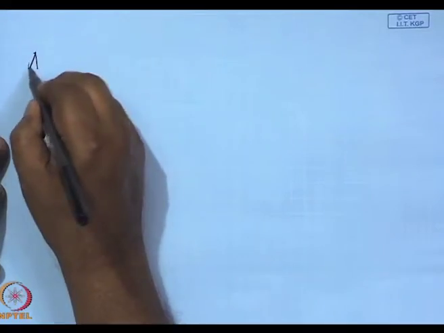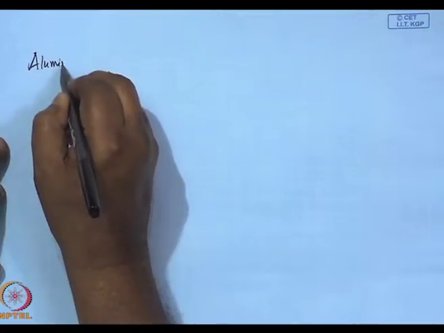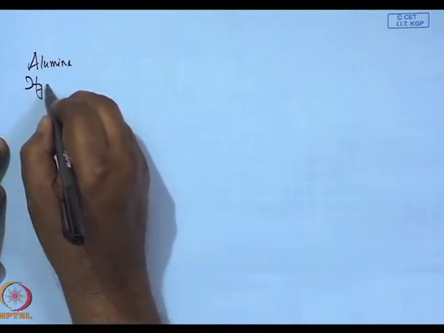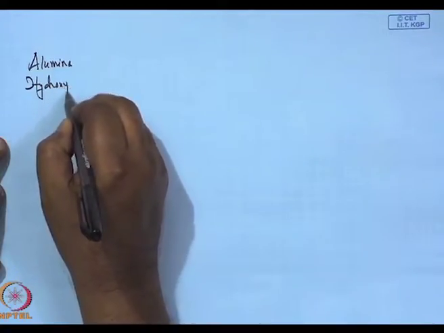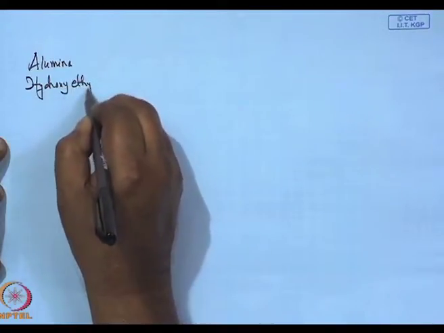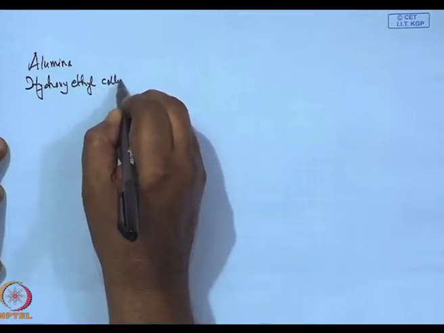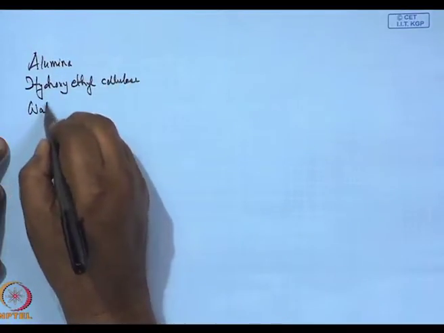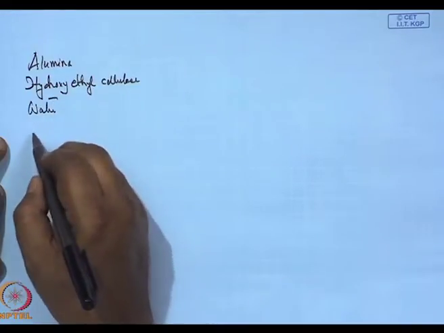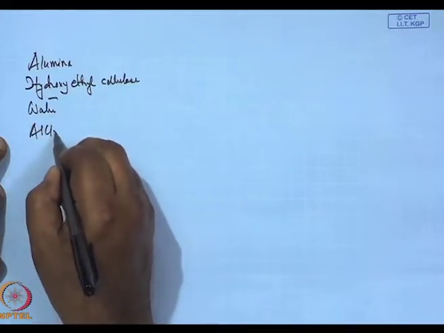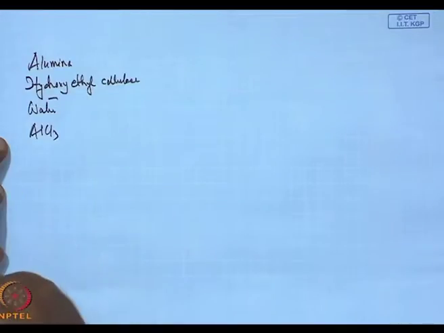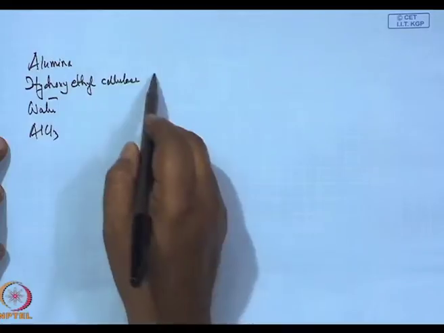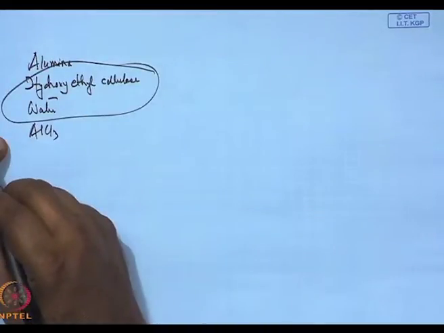I would have alumina as a ceramic, hydroxy ethyl cellulose as the binder, water, and a small amount of aluminum chloride, which helps the dispersion of alumina in this matrix.